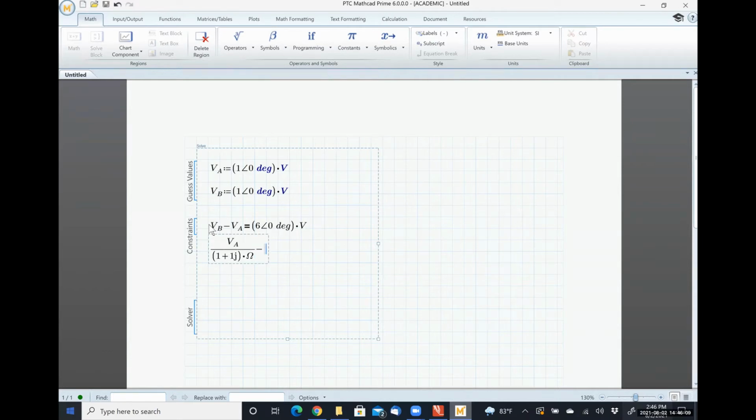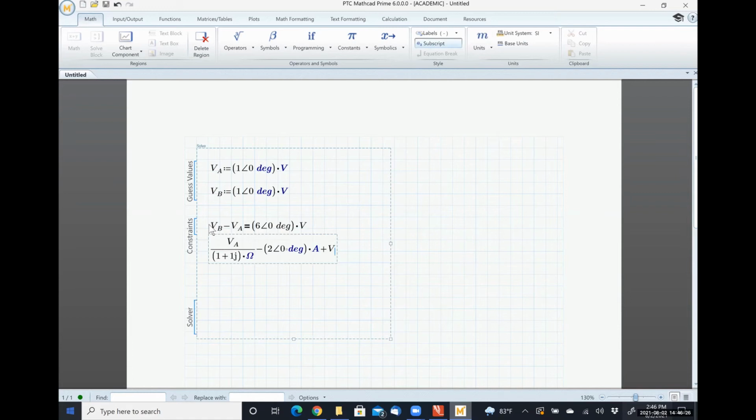So we have VA over 1 plus J1 minus 2 angle 0 degrees amps. Oops, excuse me.